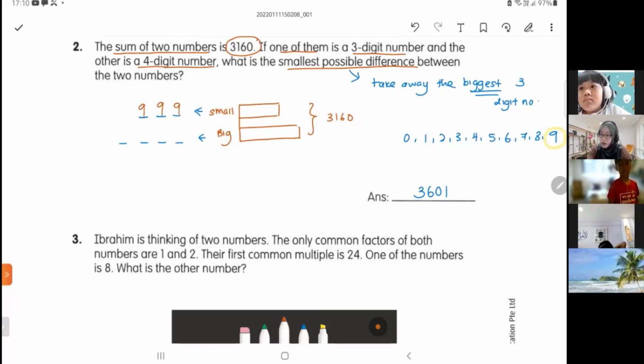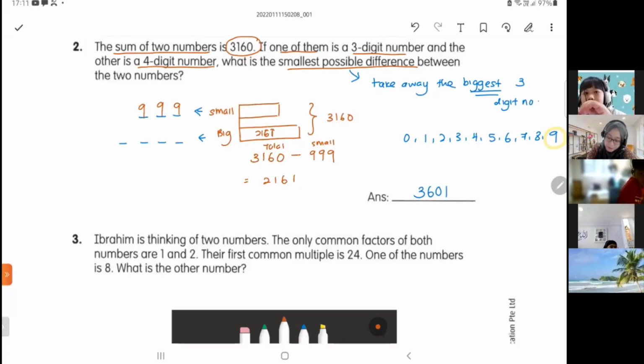Okay, so if it's 999, what do I do to find the big number? I take 3,160, this is my total, sorry. 3,160 is my total. Take away my small number. You are going to get 2,161. Now I know that the big number is 2,161, my small number is 999.